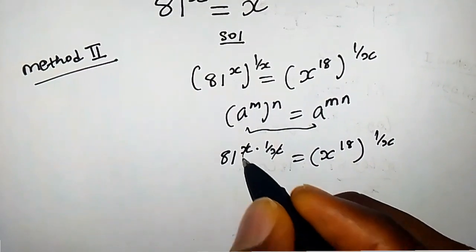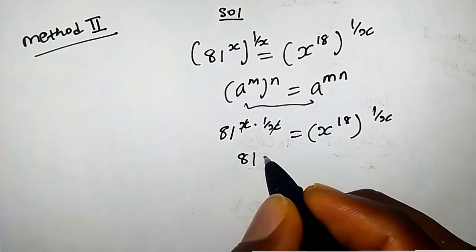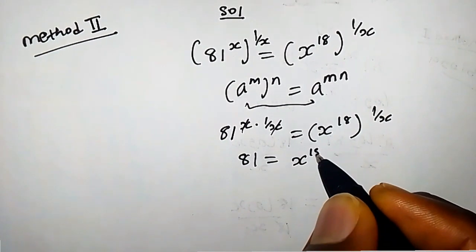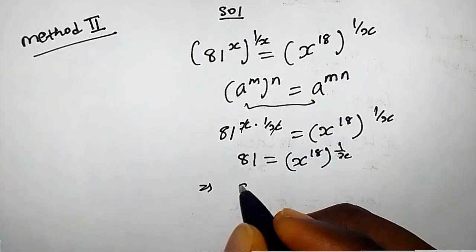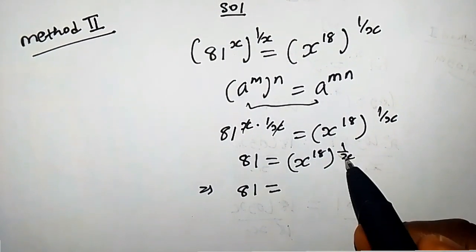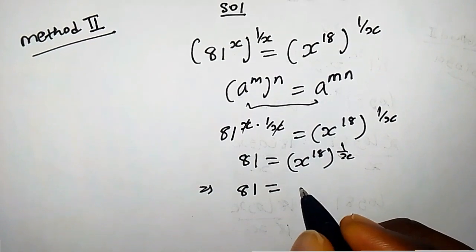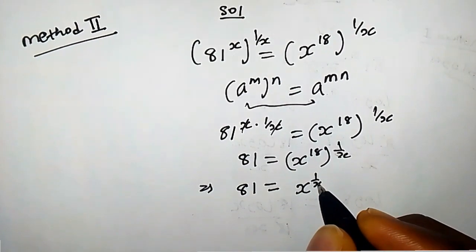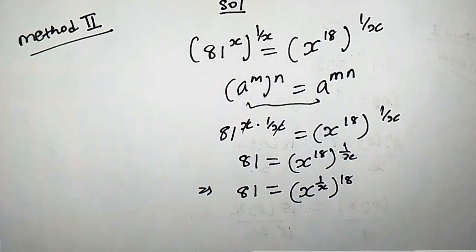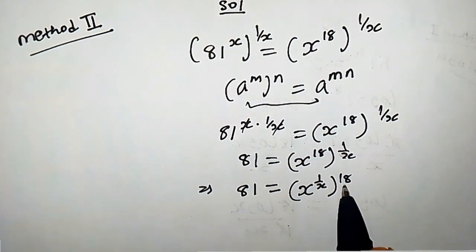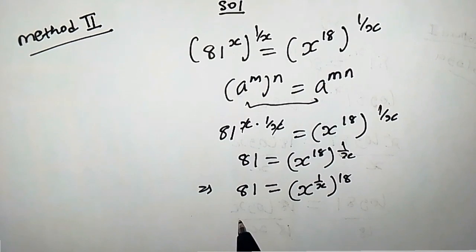So clearly, this takes care of this. We are left with 81 equals x to the power of 18 times 1 over x. This implies that 81 equals, we can switch this, x to the power of 1 over x and pull out this 18. Nothing has changed. Now let's multiply both exponents by 1 over 18.